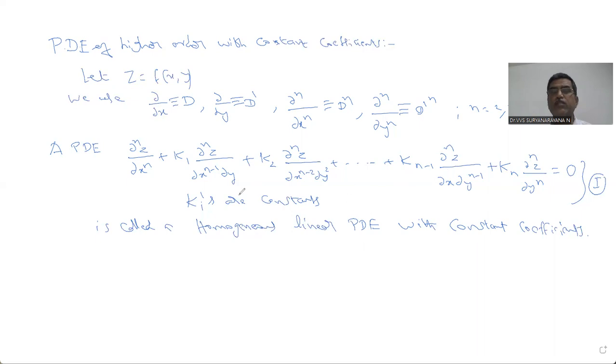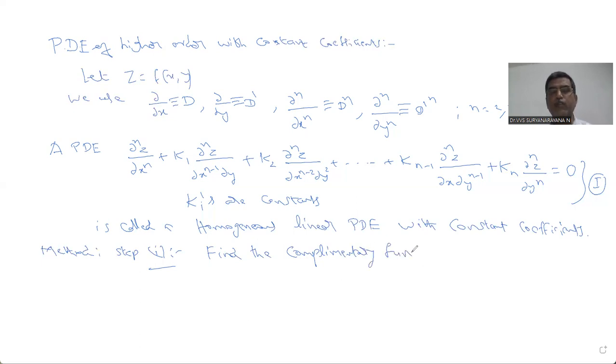Now, to solve this equation, there are only 2 steps. The first step is finding the complementary function, and the second step is writing the complete solution. In step 1, we'll find the complementary function, simply CF.